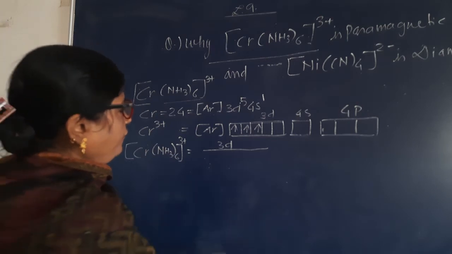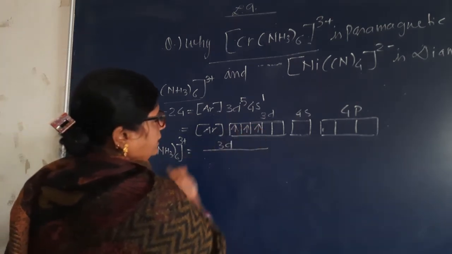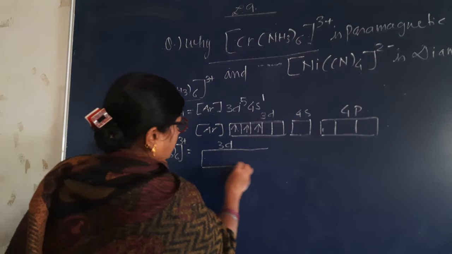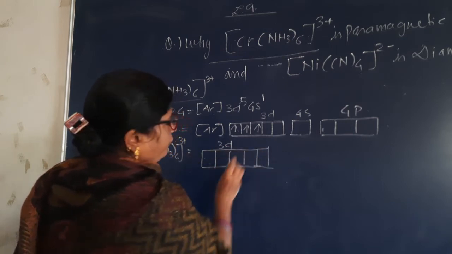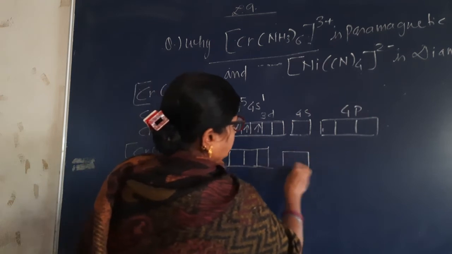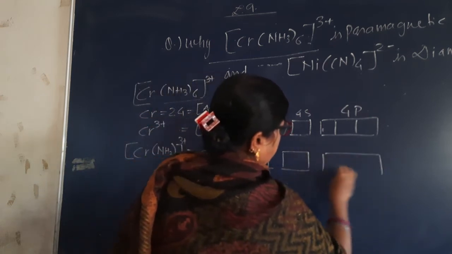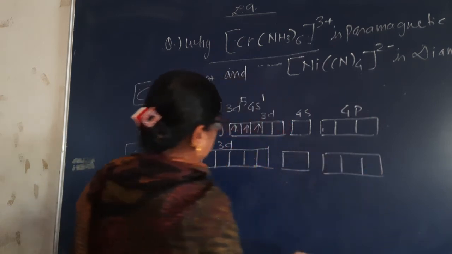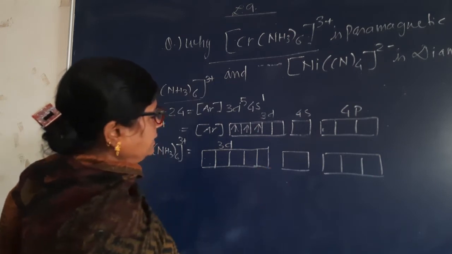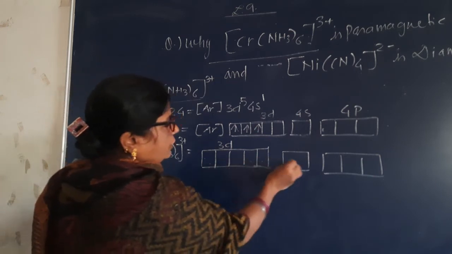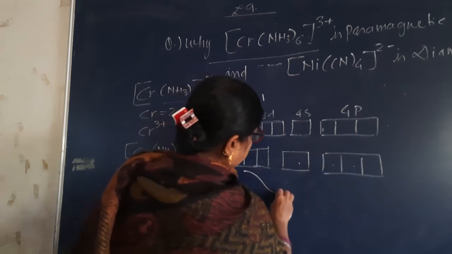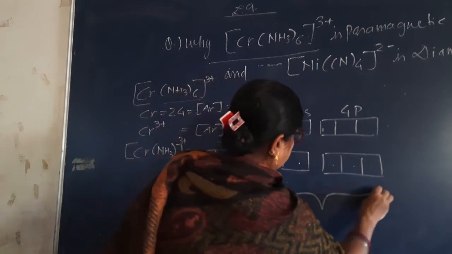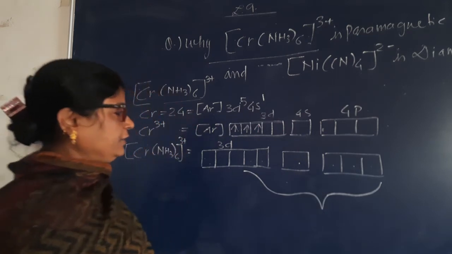So in case of weak ligands, electron pairing is not done. So it is 3d5: 1, 2, 3, 4, 5, 4s and 4p: 1, 2, 3. So what do we see? 6 ligands we have to adjust. So 1, 2, 3, 4, 5, 6. 6 pairs of electrons will be adjusted.